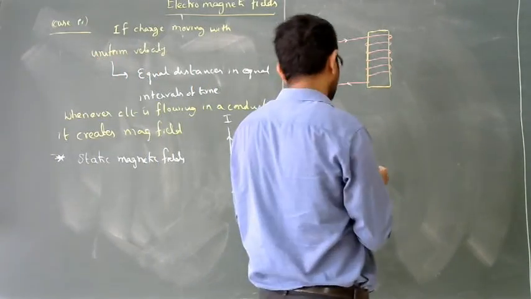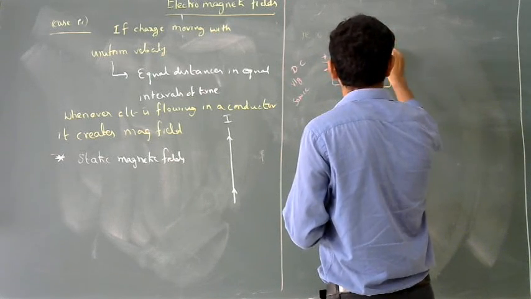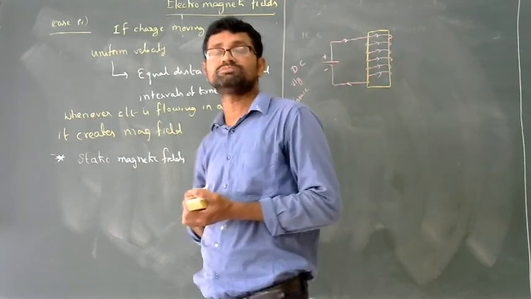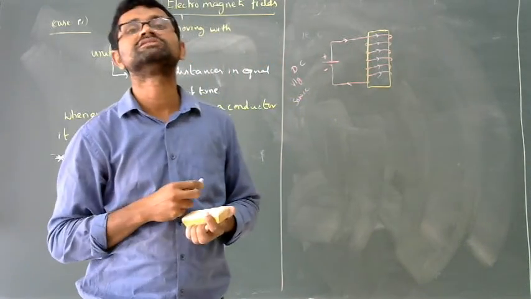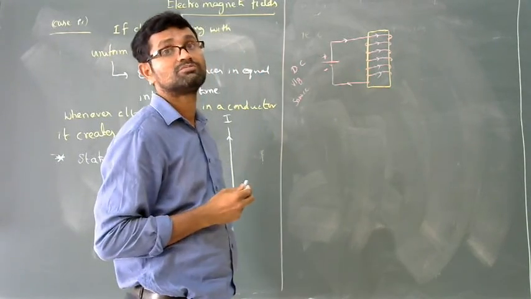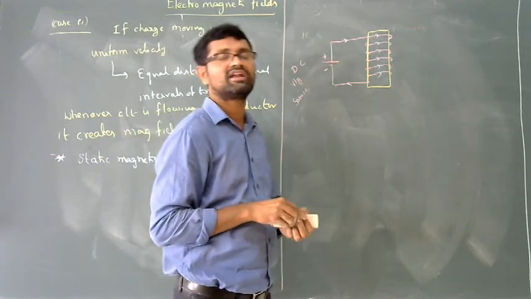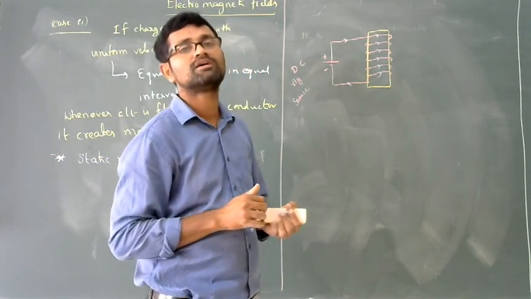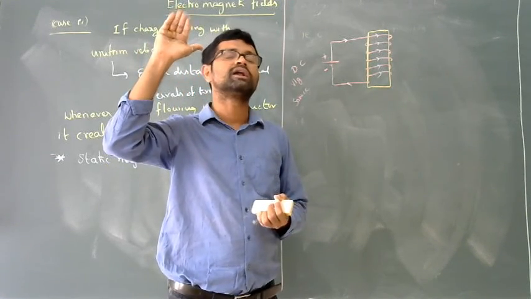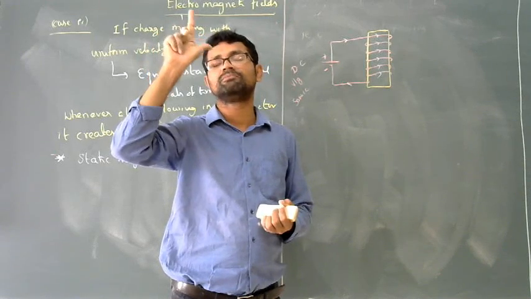Now, if currents are flowing, it behaves as a magnet. If there is a voltage source, we can say which is the positive terminal and which is the negative terminal. Similarly, if there is a magnet, we can represent which is the north pole and which is the south pole. To identify the pole directions through a concentric winding or any winding, we use the right hand thumb rule. To know the voltage source polarities, we use Fleming's right hand rule.